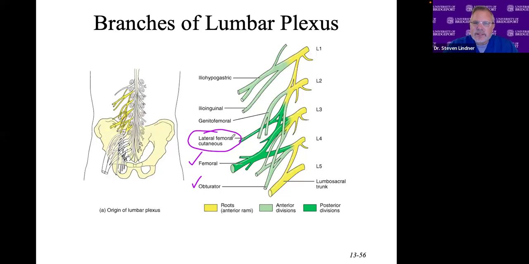When this one is compressed, it's compressed primarily if someone's wearing a tight belt or tight pants or pregnant, or they're a police officer that has the belt with the nightstick, the gun, all of that stuff around the waist that can put pressure on the lateral femoral cutaneous nerve. If it's a contractor that's wearing a belt with all their tools hanging from it.